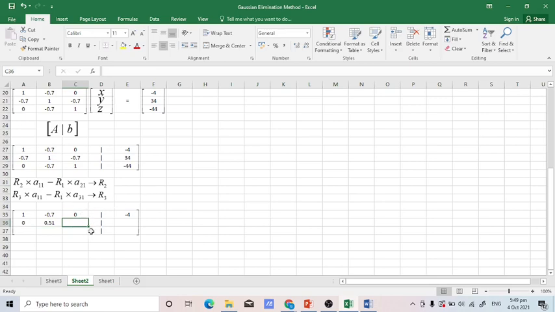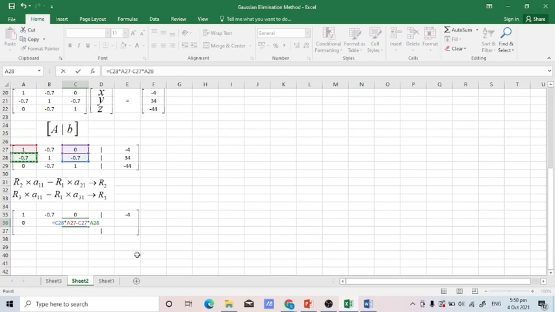O, ganun din dito. R2, third element, negative 0.7 times A11, minus R1 third element, 0 times A21, negative 0.7. Okay?